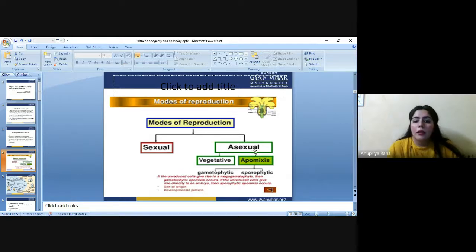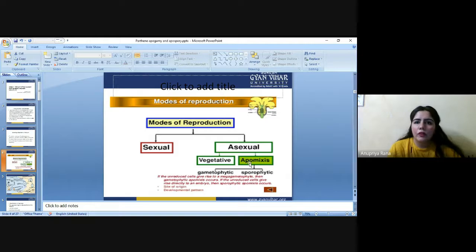Asexual reproduction includes apomixis, and apomixis has gametophytic and sporophytic stages, but the gametophytic stage does not involve sexual reproduction.